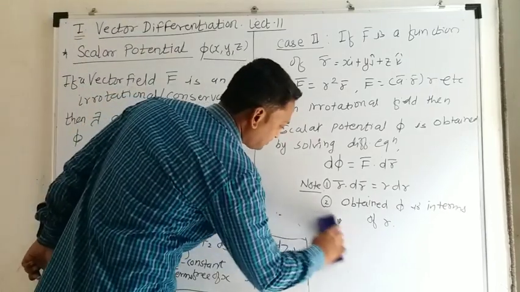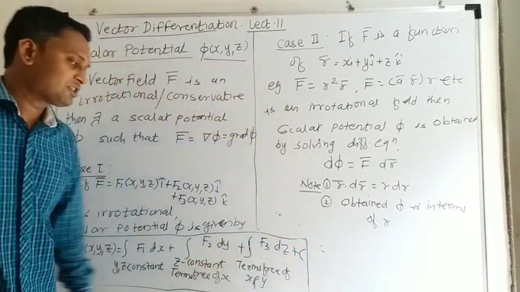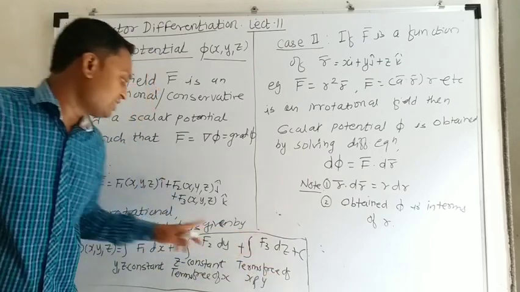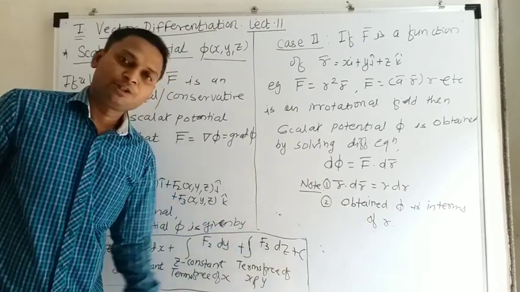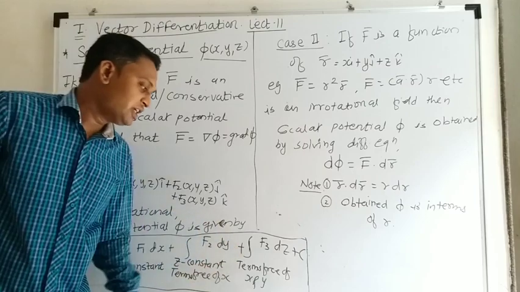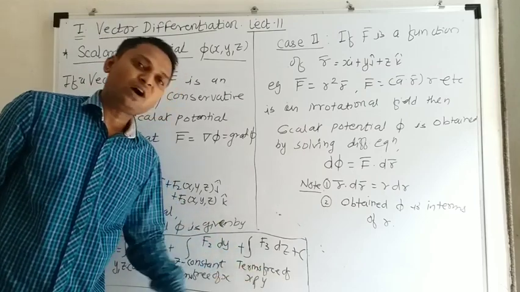After the second integration, we move towards the third integration. f3 dz means the third component we integrate with respect to z, and the condition on the third integral is terms free of x and y.